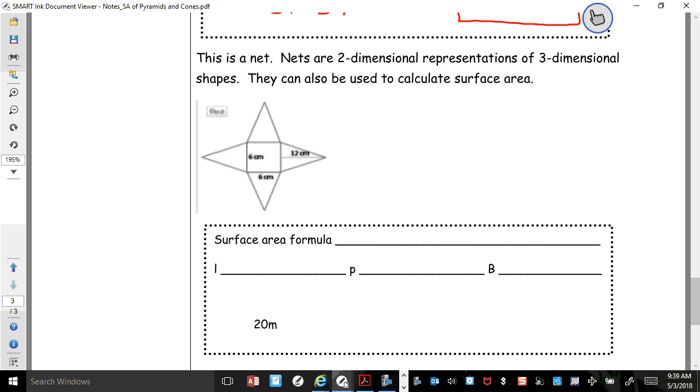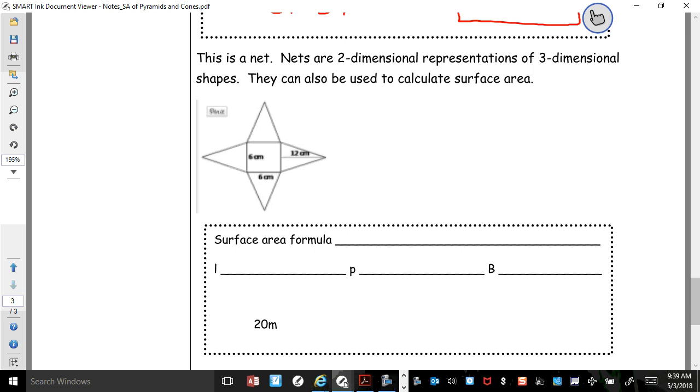So you're going to find the area of the base. It's actually easier sometimes to do this and find each one separately. So we could do it separately without using the formula.